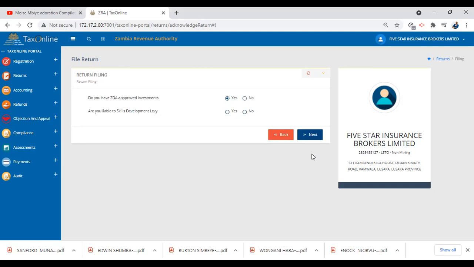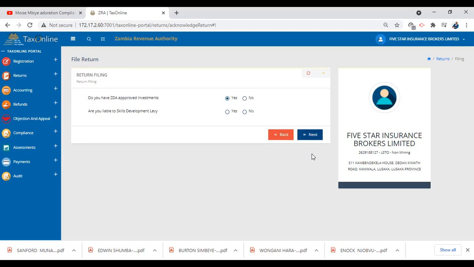It asks you, do you have ZDA approved investments? So we have some businesses that are in priority areas, like in the economic zones, those whose opening was facilitated by the Zambia Development Agency.